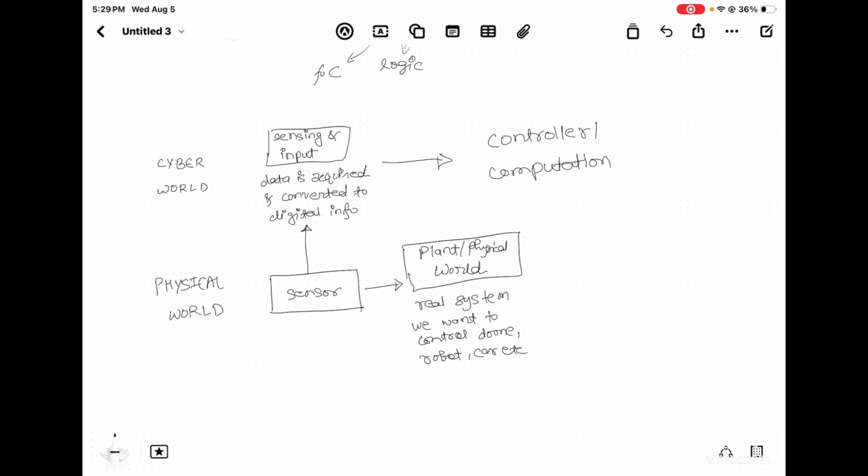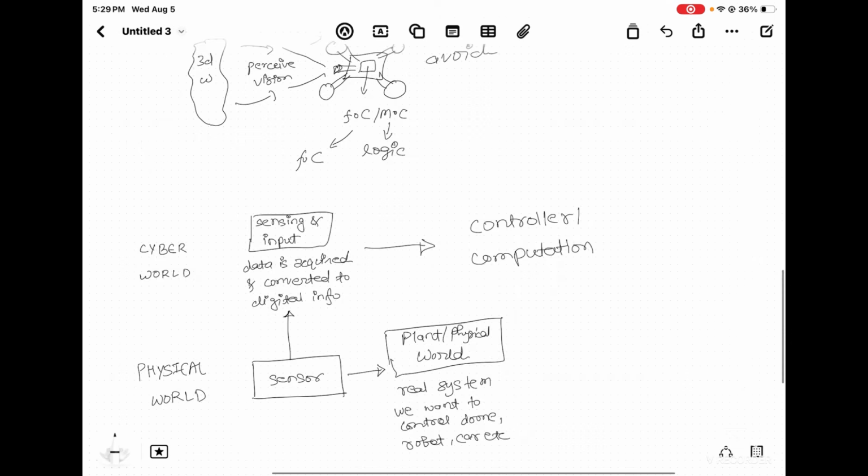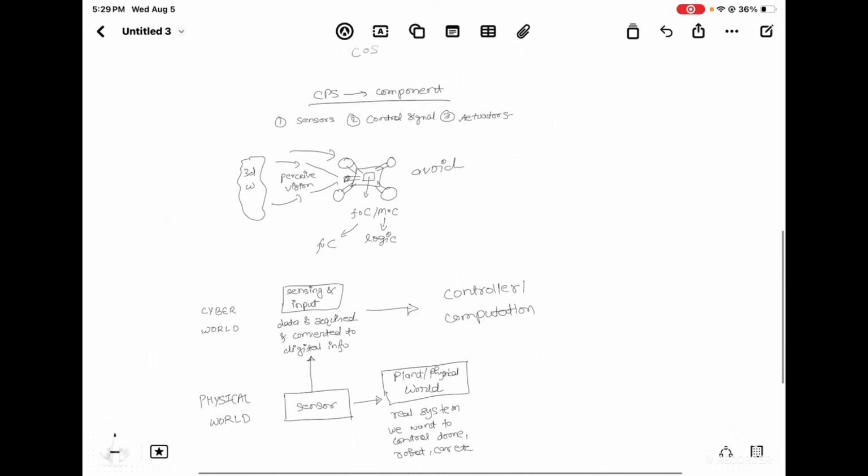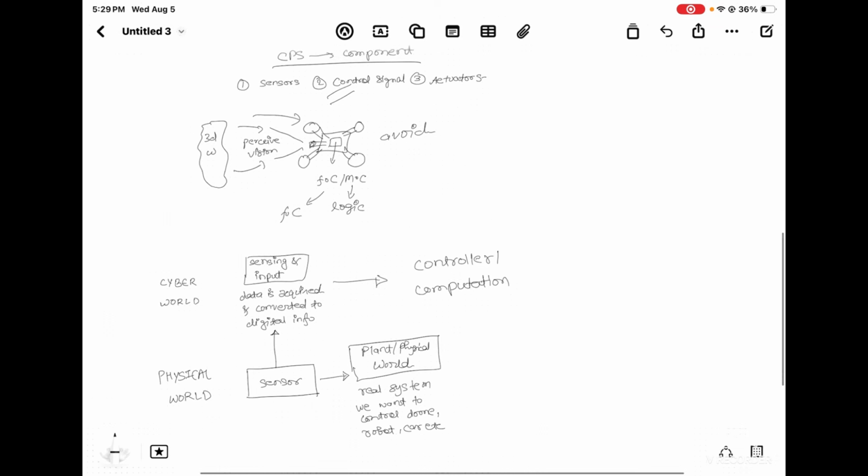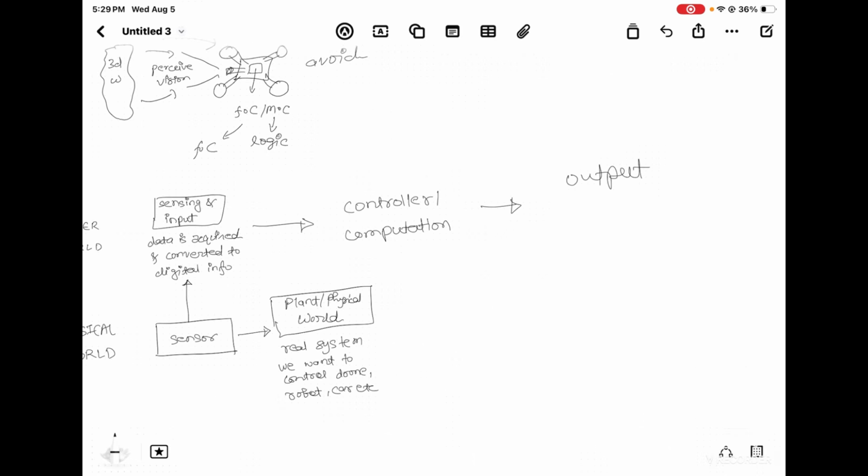So this is the control signal we talked about, the second one, and there it gives some output like we discussed, object avoidance and object detection.